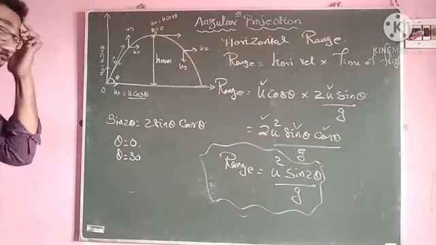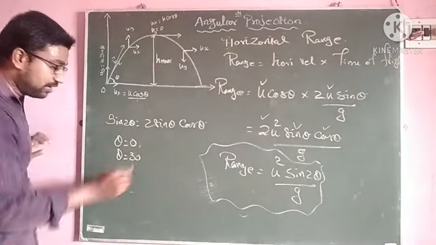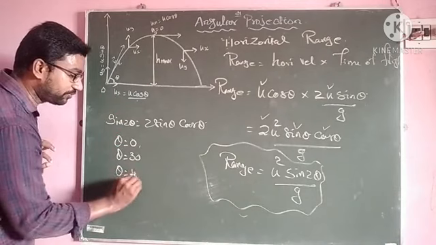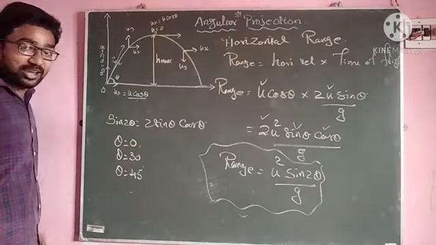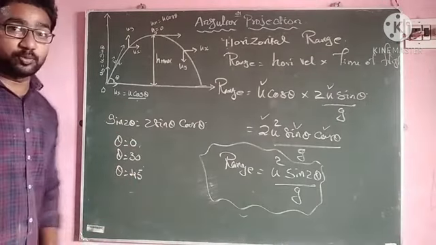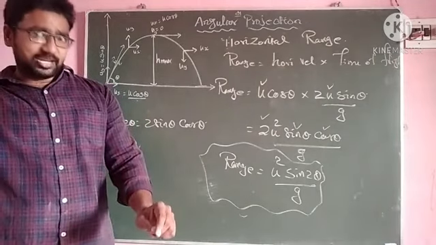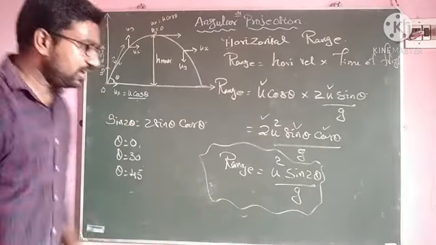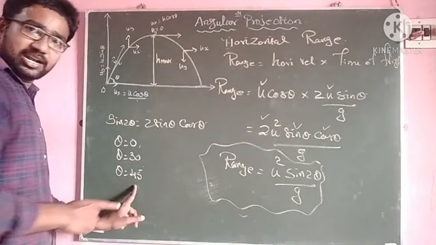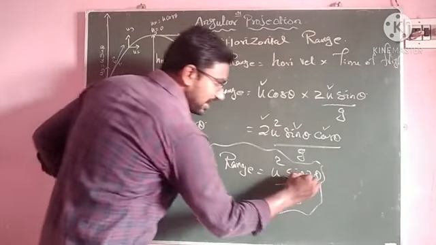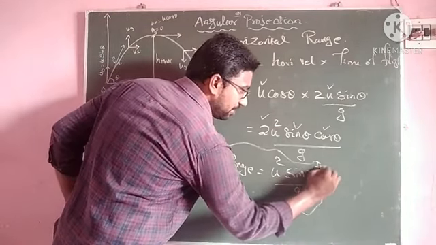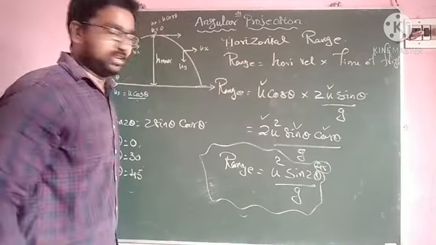Okay. Suppose now I am going to fix the value of theta equal to 45. Students, listen here. Theta becomes 45. I am going to project the particle at an angle of 45 degree. So sin of 2 times 45 becomes sin 90 degree. Am I right?